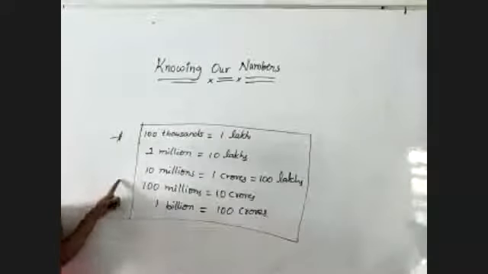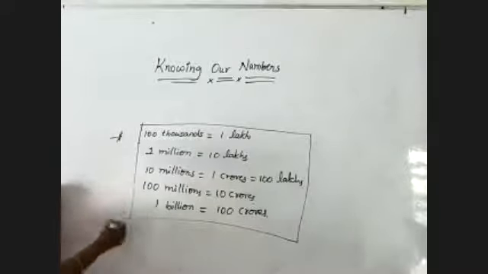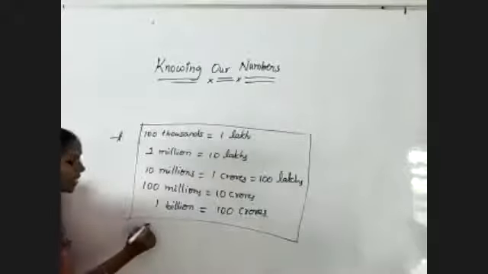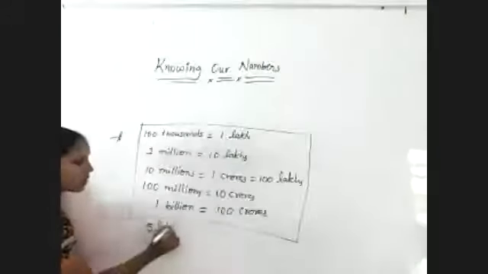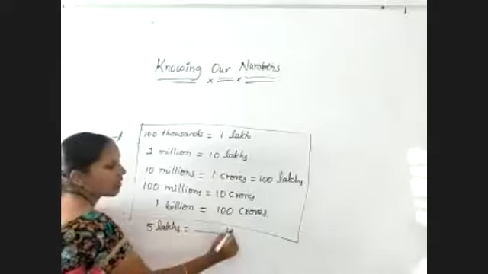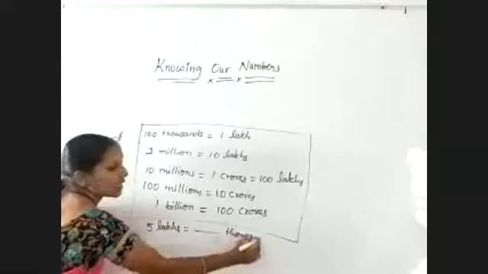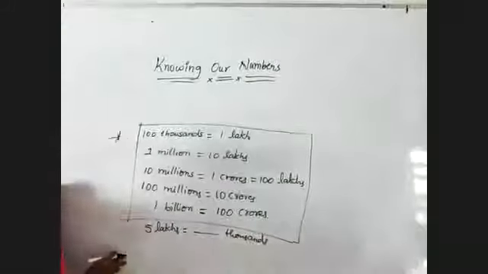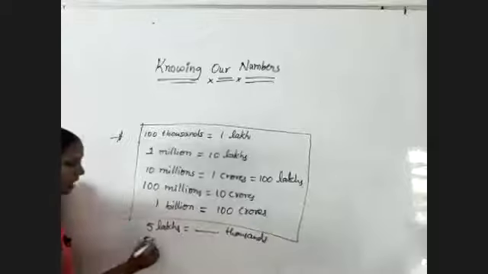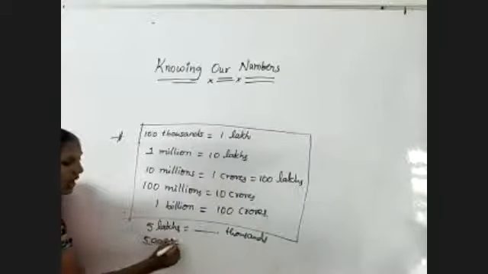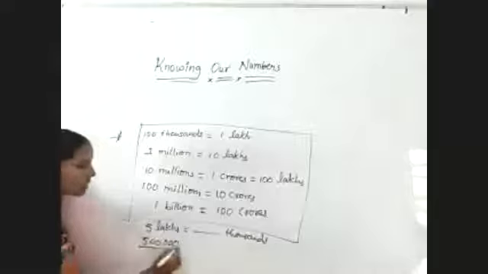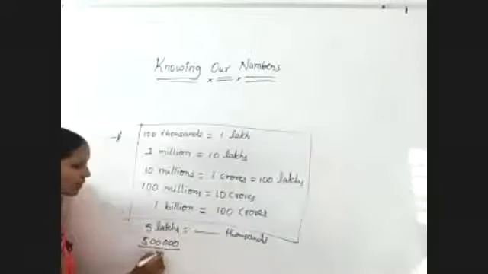If you are unable to remember this, then for whatever question they ask, suppose I ask 5 lakhs is equal to dash thousand. I want to represent it. In this case, 5 lakhs, and divide with 1,000. 1,000 has 3 zeros, so they get cancelled and that is 500.